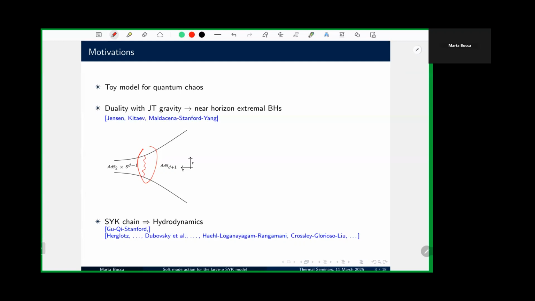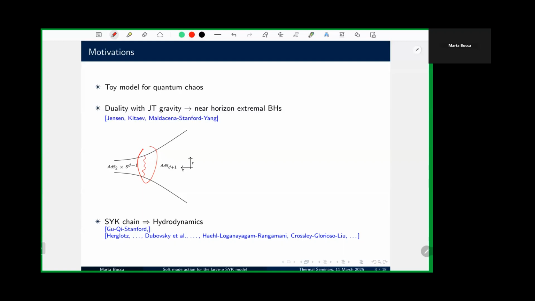And so the Einstein-Hilbert action for all of these reparameterizations of your gluing is going to be the same. However, as soon as you add the JT gravity term into your action, then you have an explicit breaking of this symmetry that you originally had when you were just considering Einstein-Hilbert.